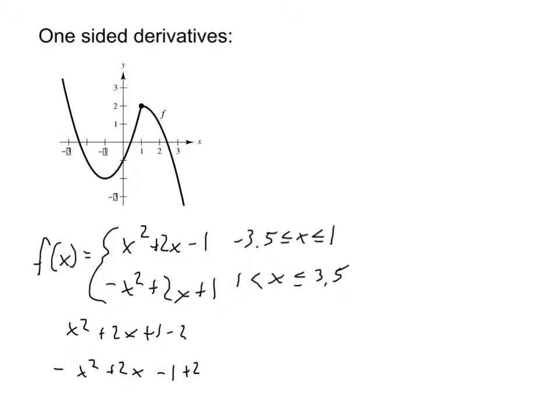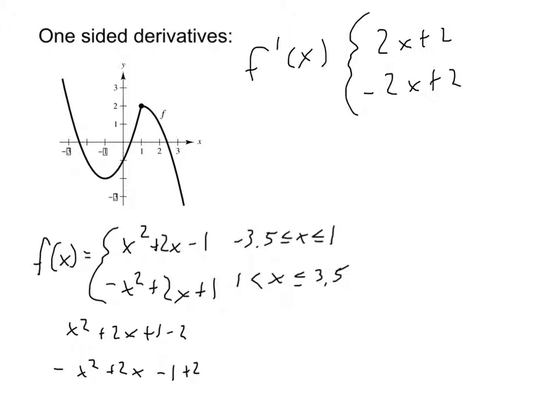If I was trying to find the slope equation of this, you can hit pause and actually calculate this out if you want, but I know that the slope function, or f prime of x, is equal to 2x plus 2 on that first interval, and then negative 2x plus 2 on the second interval.